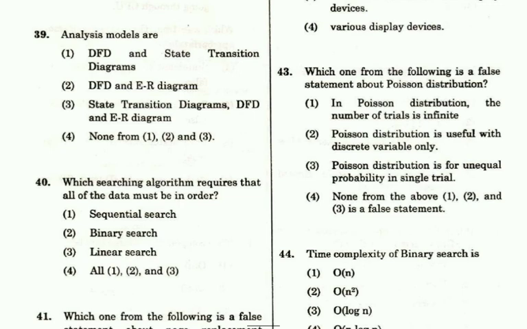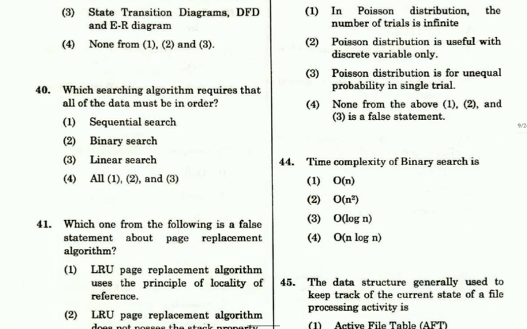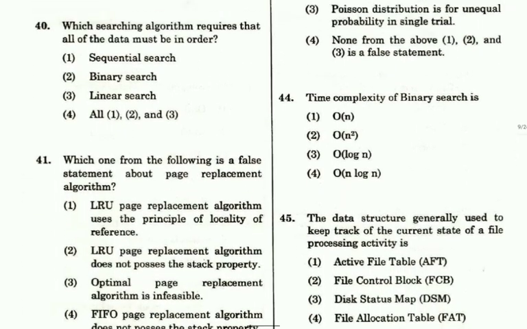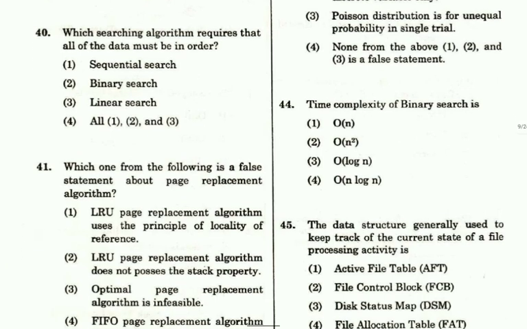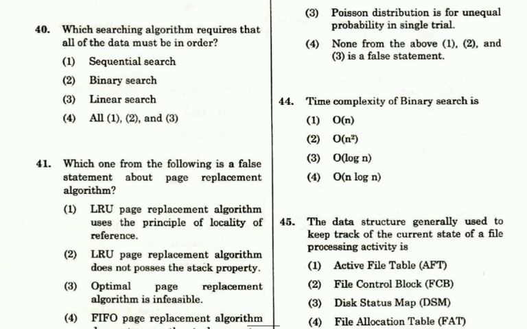So here these three are the analysis models. So options 1, 2 and 3 are correct. Next. Which searching algorithm requires that all of the data must be in order?